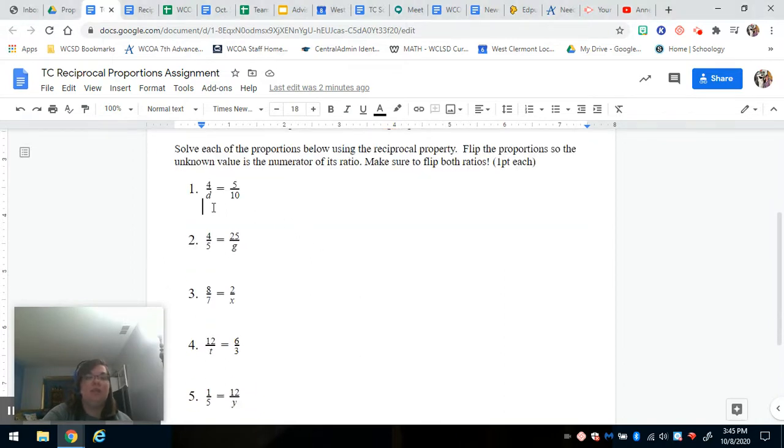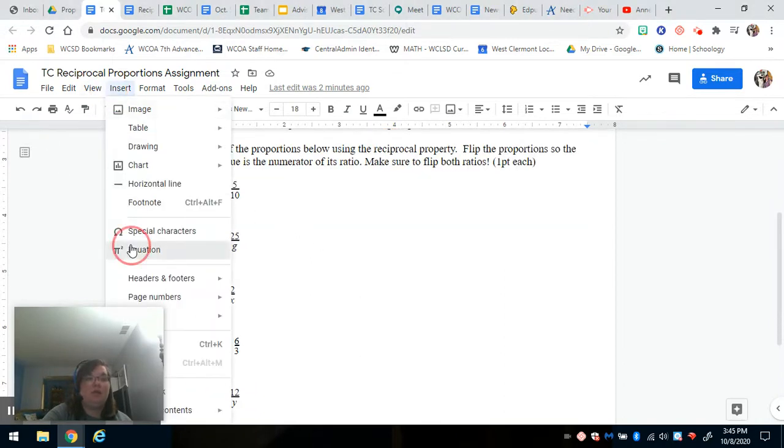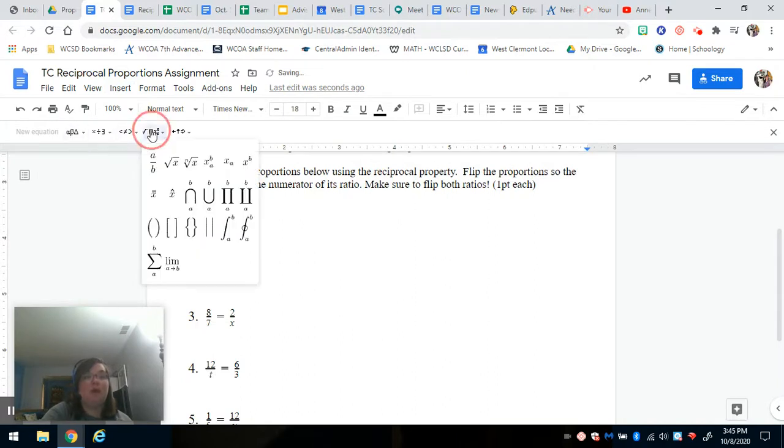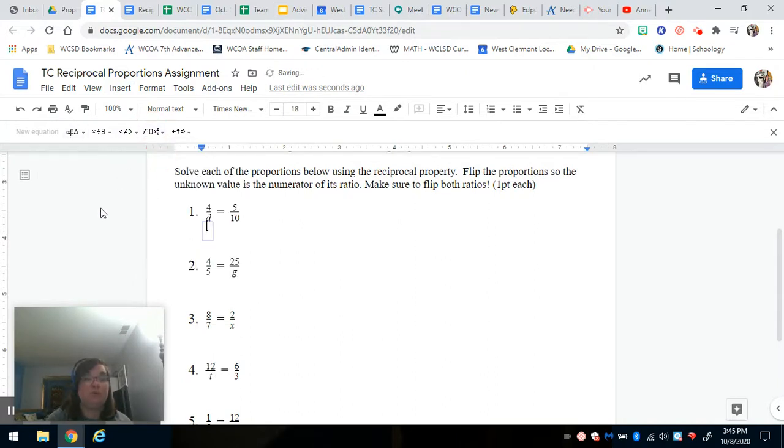This is our first one. I'm going to be using the equation tool to help show that we are doing reciprocals and setting this up to solve as a proportion. As we remember back to our fractions, when we talk about a reciprocal, we're just talking about flipping that fraction, in this case ratio, upside down. So the denominator on the bottom becomes the top number. The reciprocal of 4 over d becomes d over 4.